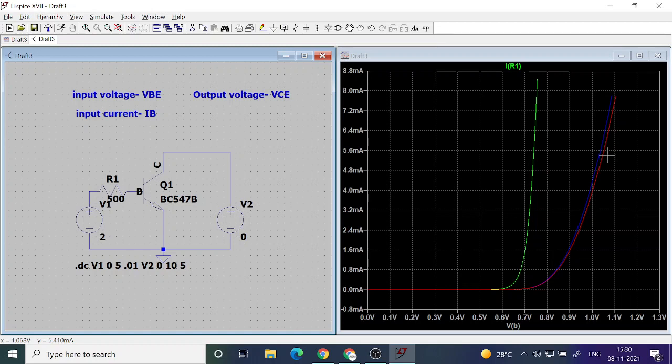Right now you see it is just like the diode characteristic which I showed you earlier, the diode characteristics when it is forward biased. So we have a PN junction between base and collector. We are forward biasing just like this. This circuit is exactly the previous circuit. There is no difference.